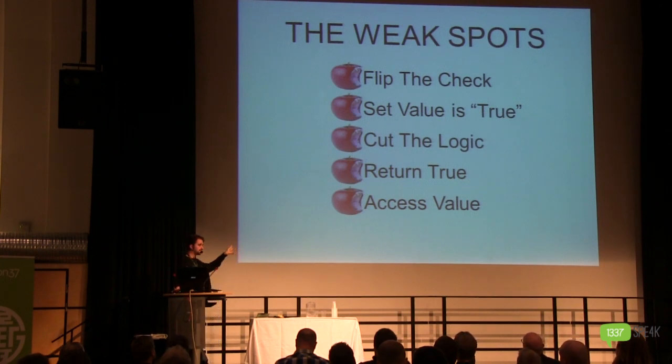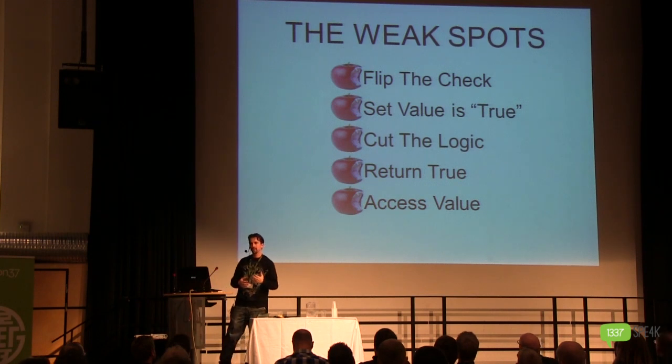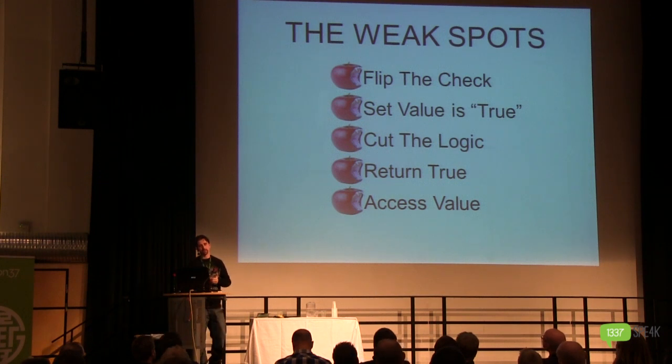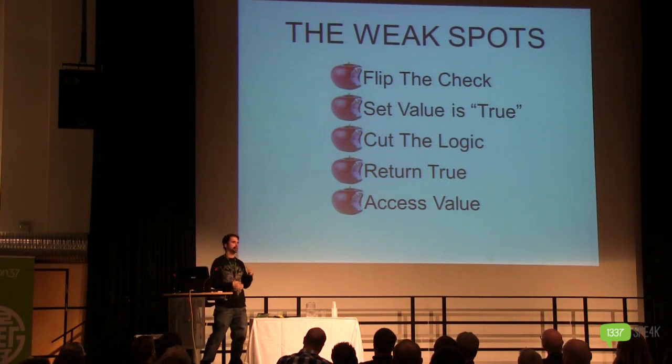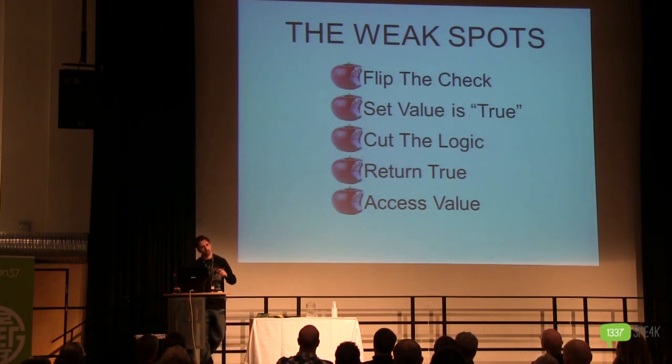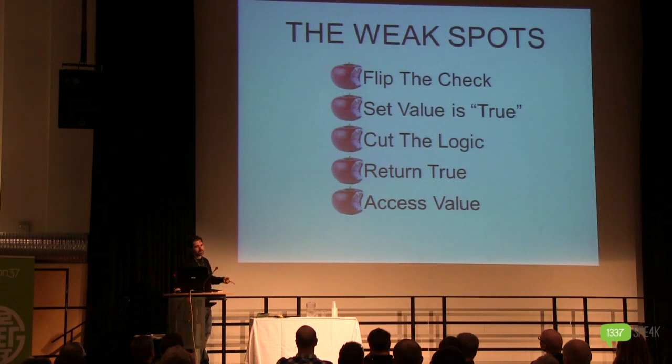These are the weak spots. When you come up against some type of mechanism, you can usually beat it with one of these. You can flip the check, so if it's password validation, you can set a value. If it's checking to see if something meets criteria, you can cut the logic short, just return true at any point, and gain access to unknown variables inside of your target.